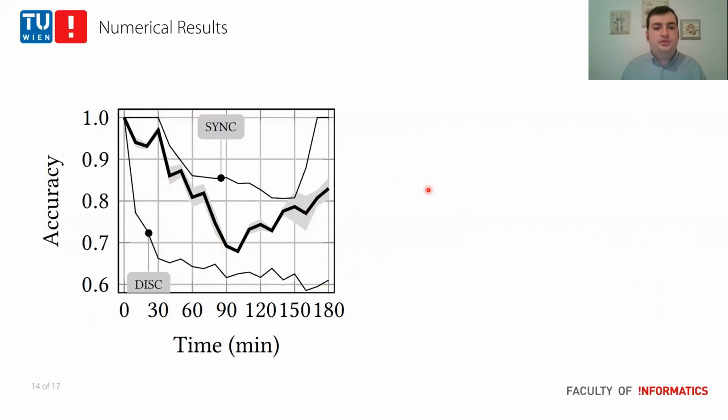And this is because of the unexpected changes in environmental conditions, such as weather interference or traffic. But SCADA can recover from this. But for example, when there is no communication between the edge nodes, in case of disconnected, the recovery is not possible. We also observe that most of the time, SCADA has comparable accuracy to sync. So it is comparable to core data analytics in terms of accuracy.